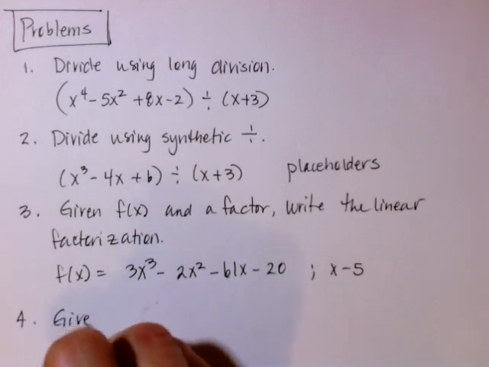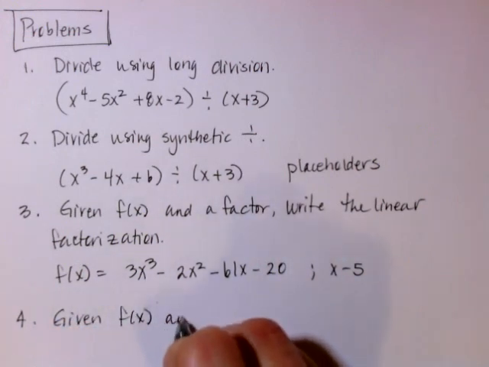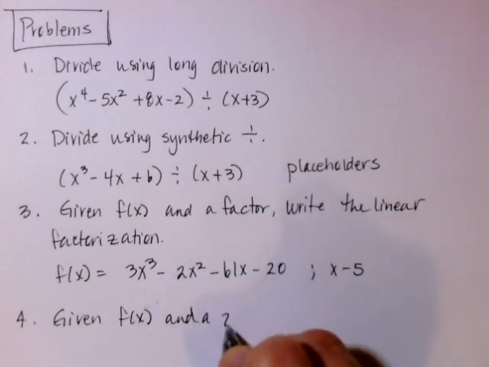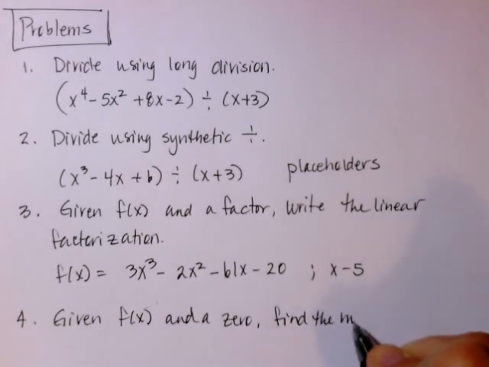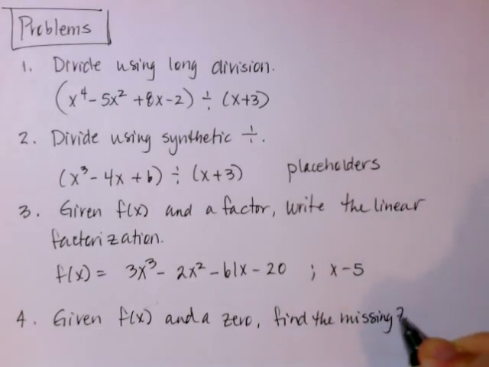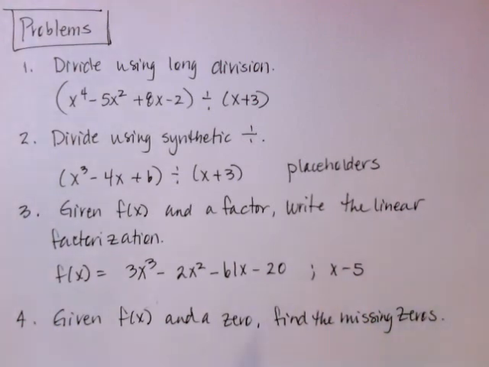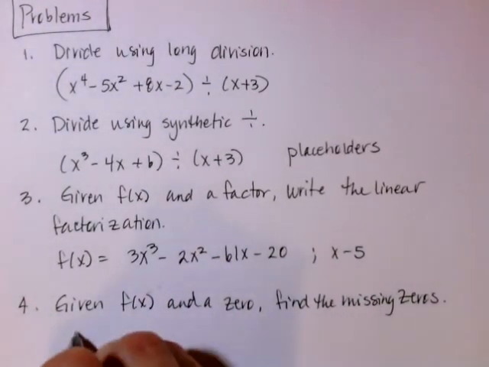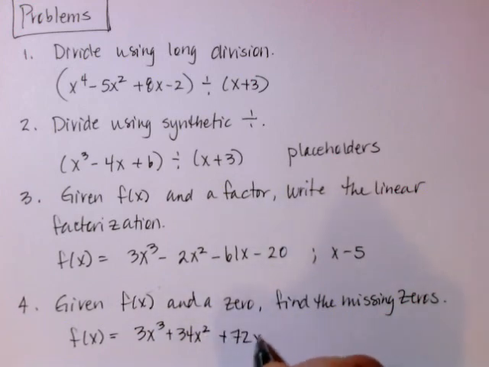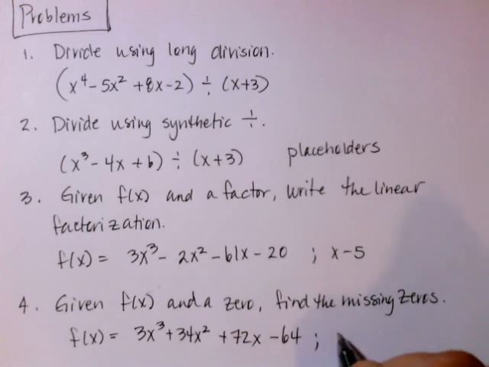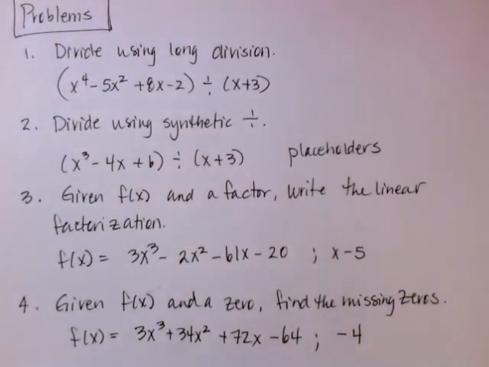You're going to be given f of x and, it's an and, a zero. I want you to find the missing zeros. Make sure that you list your answers when you're done. And f of x is going to equal 3x cubed plus 34x squared plus 72x minus 64, and you're going to be given x is equal to a negative 4. Alrighty, those are your problems. Good luck, and I will see you tomorrow.